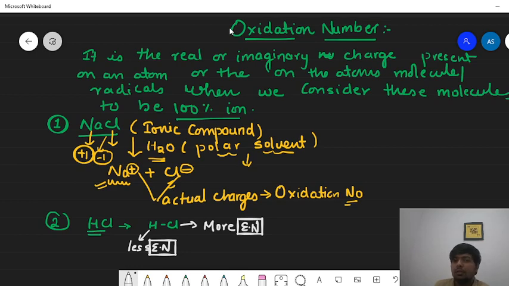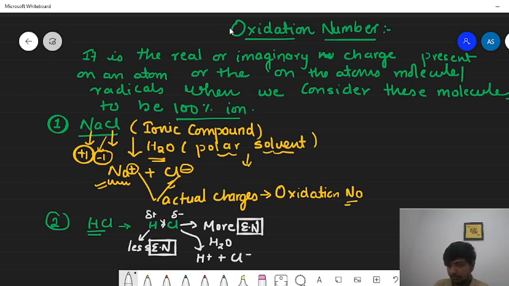And you know that the more electronegative atom has the tendency to attract the shared pair of electrons. So a slight negative charge on chlorine and a slight positive charge on hydrogen will appear. But the exact charge is not over there. So when you put these types of molecules in water, they may dissociate into H+ and Cl-.